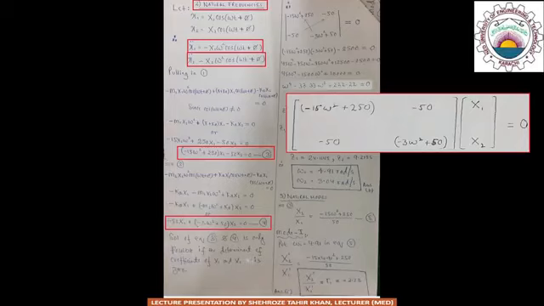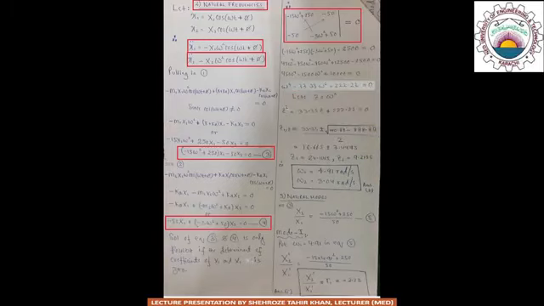So the solution of equations 3 and 4 is only possible if the determinant of the coefficient matrix, which is highlighted in the red box, becomes 0. So after opening the determinant, we get an equation of fourth degree as follows: omega to the power 4 minus 33.33 omega square plus 222.22 is equal to 0.